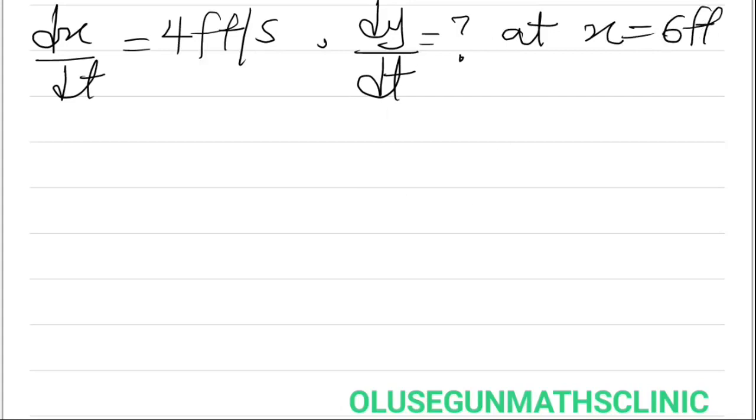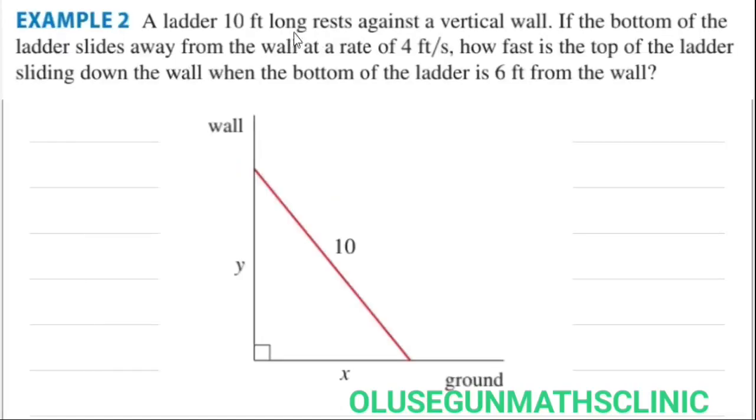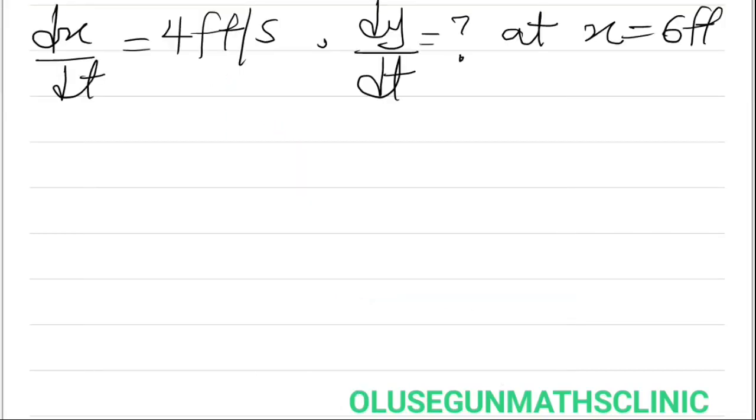Where I deduce all this: the question said a ladder 10 feet long rests against a vertical wall. If the bottom of the ladder slides away from the wall at a rate of, that is dx/dt, 4 feet per second. How fast is the top of the ladder sliding down? That is dy/dt, which is unknown. When the bottom of the ladder is 6 feet from the wall, that is x equal to 6 feet. That is how we solve a word problem.